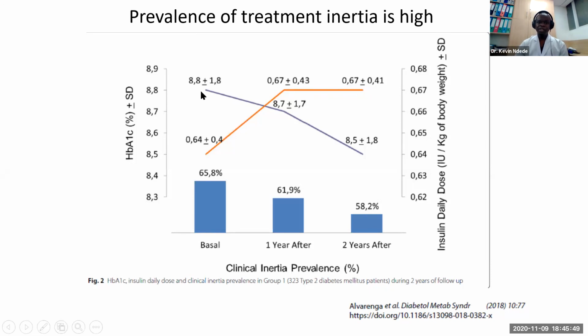As a result, you can see how the HbA1c remained high because there was no intensification of therapy. So after 2 years on this treatment, most of the patients still had poor glycemic control.